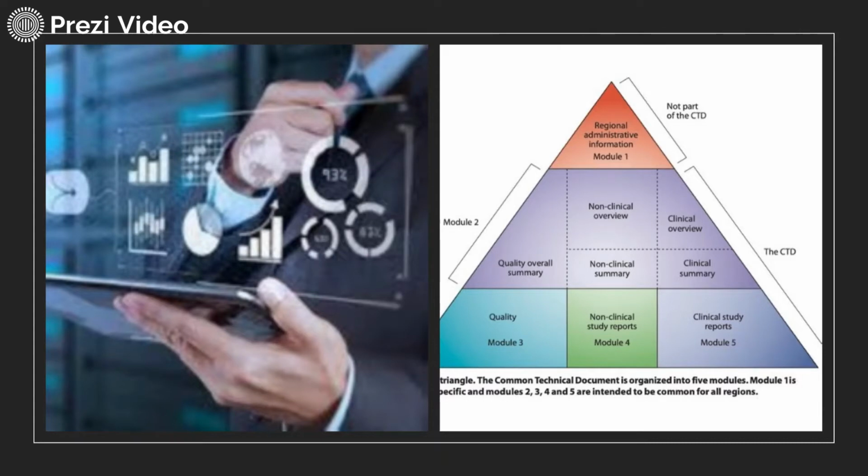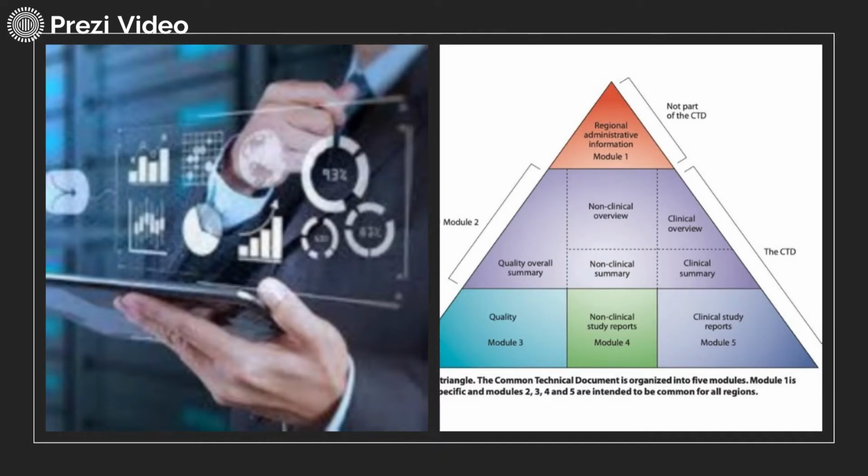When the dossiers were submitted in offline mode, they were submitted in the format known as the CTD format, also known as Common Technical Document format. This dossier comprised 5 modules. Module 1 contained the regional administrative information. Module 2 was the overall summary of the dossier.